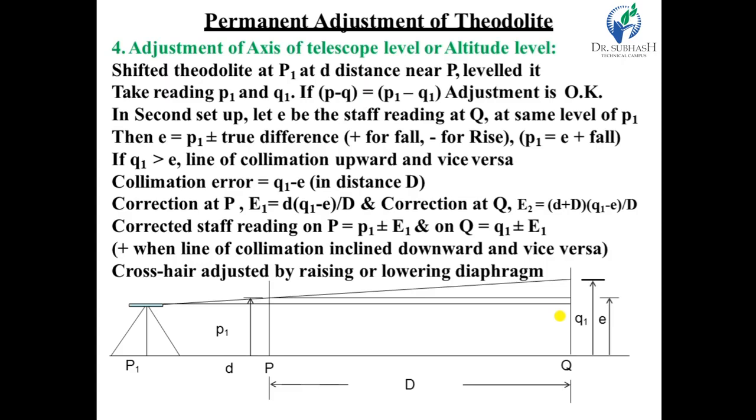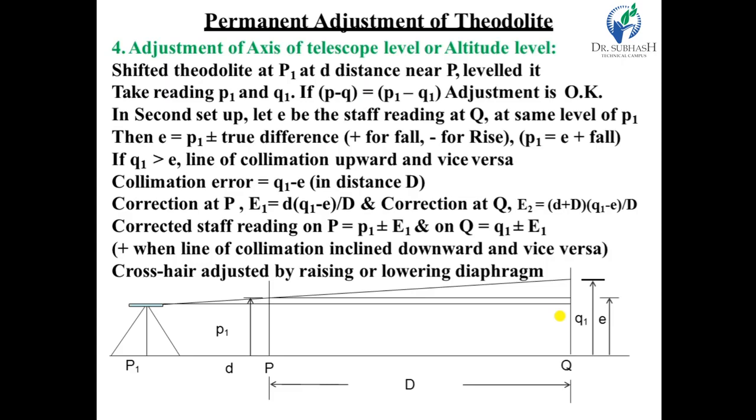In the second step, let E be the staff reading at Q at the same level of P1, then E is equal to P1 plus or minus the difference, plus for fall and minus for rise. If Q1 is greater than E, then the line of collimation is upward and vice versa. Collimation error is equal to Q1 minus E.